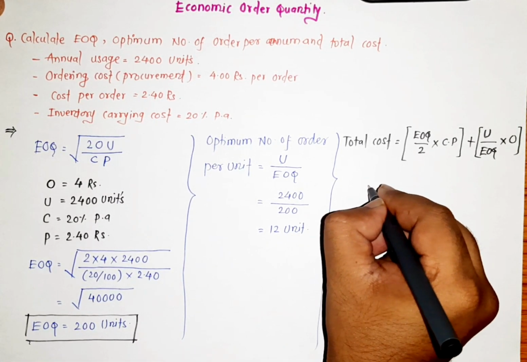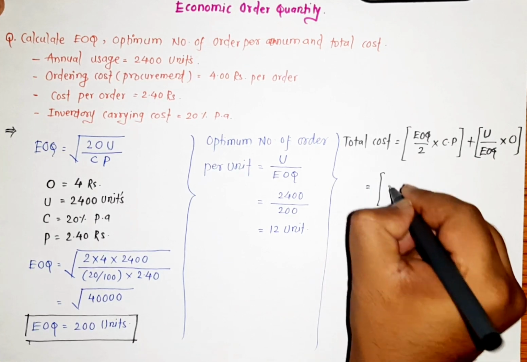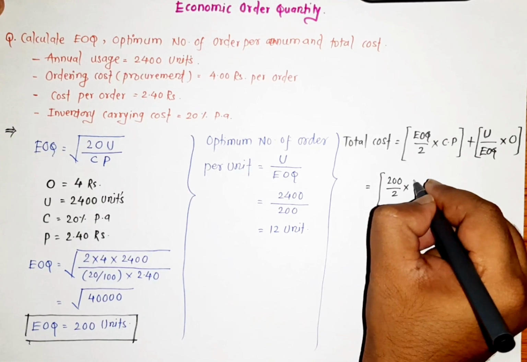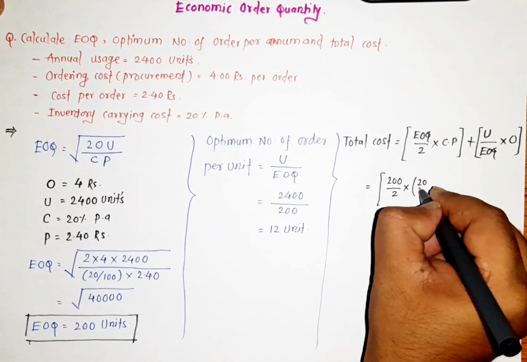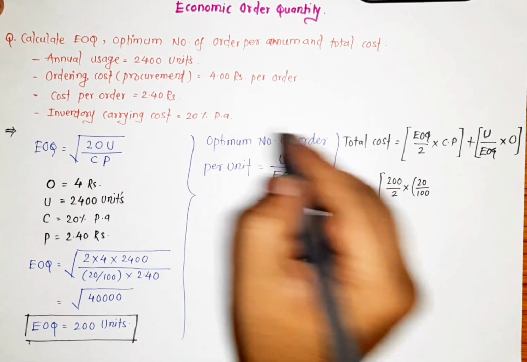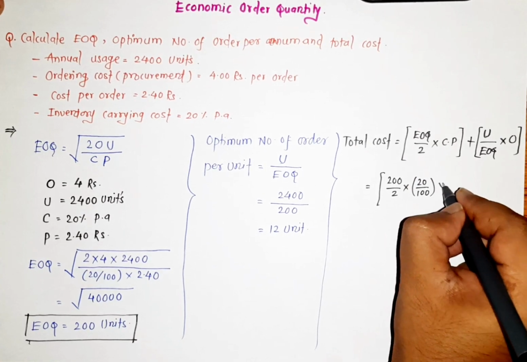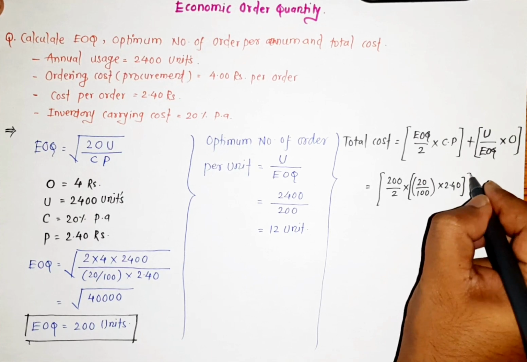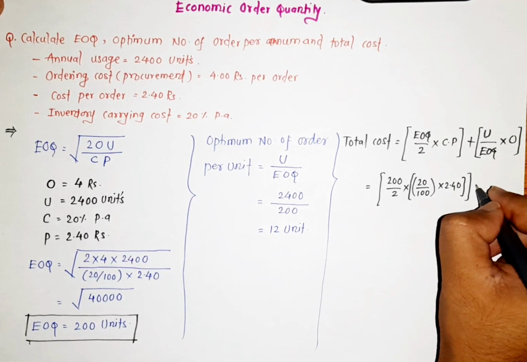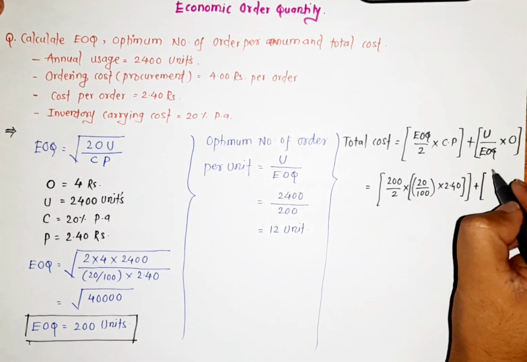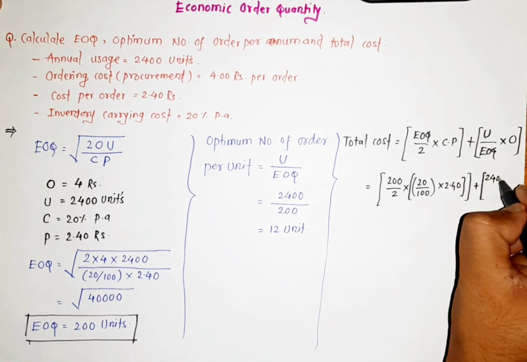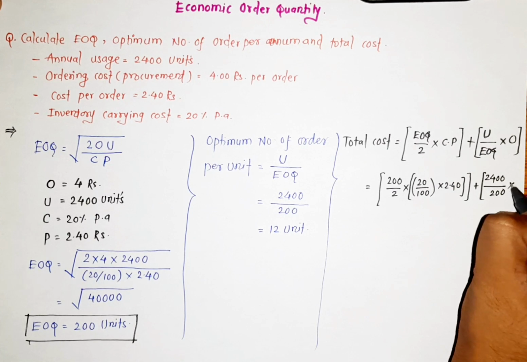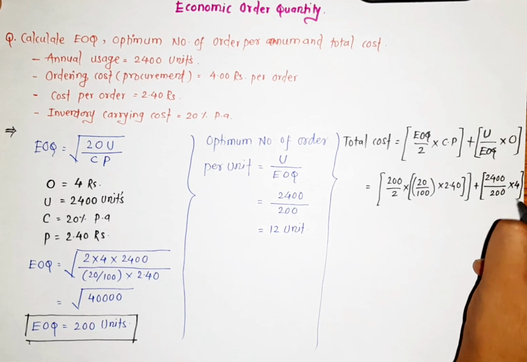So total cost is equal to 200 divided by 2 into 20 divided by 100, because it is 20%, into 2.40, plus U is 2400 divided by EOQ is equal to 200 into O, ordering cost is 4.